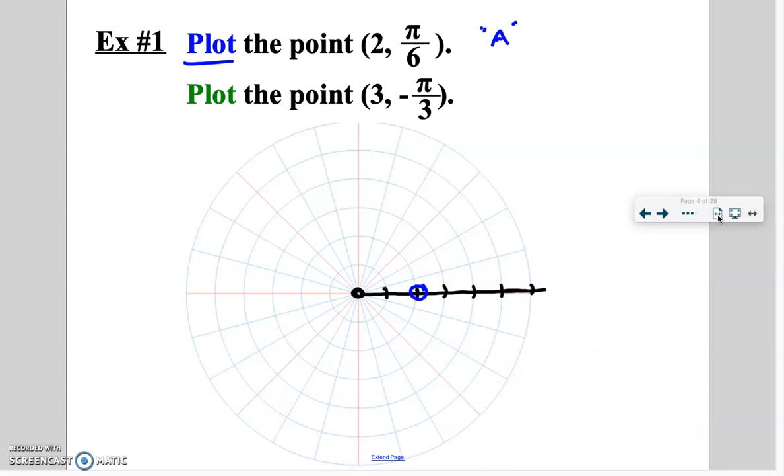Now, it's not quite the same as your unit circles, not exactly anyway. We have more of a breakdown. Each of these little markings is going to be in 15-degree increments, or pi over 12 increments. So the ones that we really recognize, hopefully, are pi over 6, pi over 4, pi over 3, pi over 2. When I say that we recognize these, we recognize them from the unit circle, right?